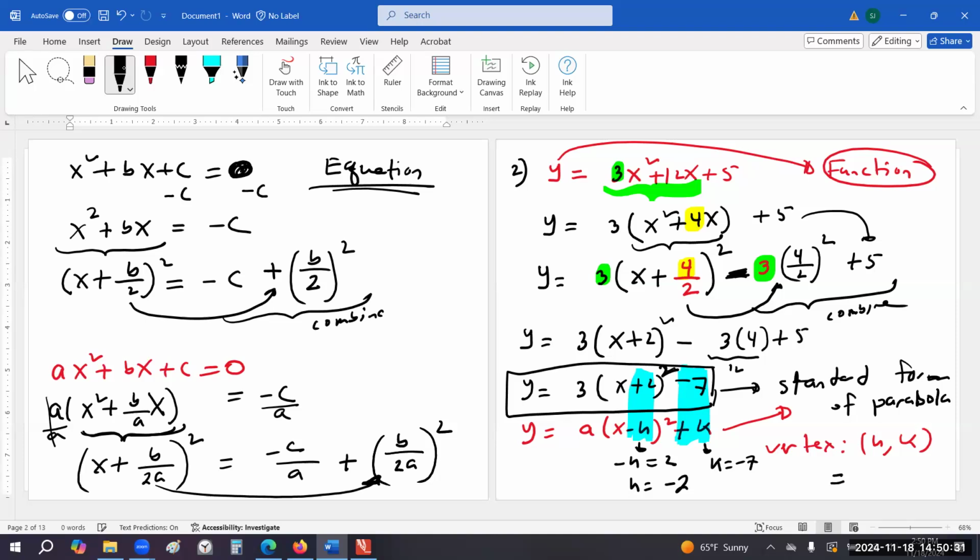That means the vertex we have here is -2, -7. So that is standard form and vertex. This is one way of finding it. Another way would be to use the formula for the vertex.